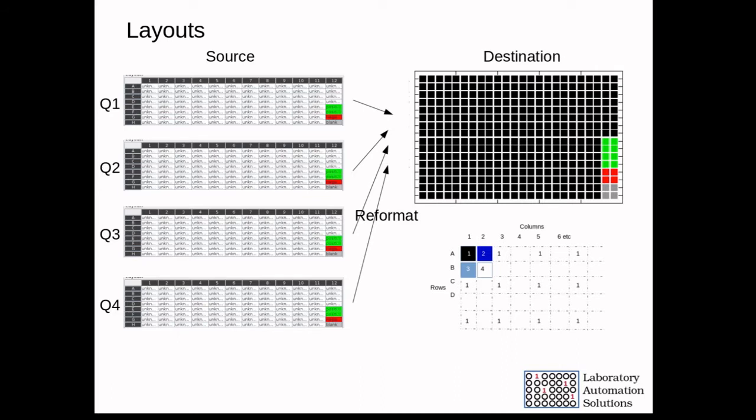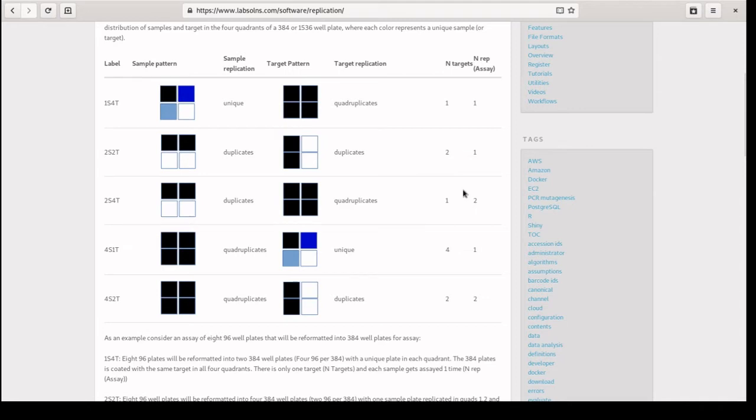When reformatting 96 well plates into a 384 well plate, you have multiple options. Here I'm showing 4 different plates being combined into a single 384 well plate. Plate 1 goes into quadrant 1, plate 2 into quadrant 2, and so on in a Z pattern. That transfer is represented diagrammatically right here.